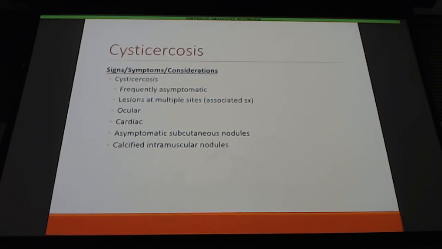Okay, for standard cysticercosis, when it's not involving the central nervous system, it's a lot more asymptomatic. Okay, depending upon which organ it goes to. Right? If it goes to your eye, it may cause you some vision issues. Okay? If it goes to your liver, it may cause you some liver issues.